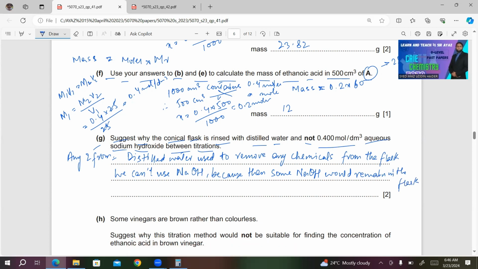Lastly, again, you can't use NaOH because more A or B, ethanoic acid, would be needed.